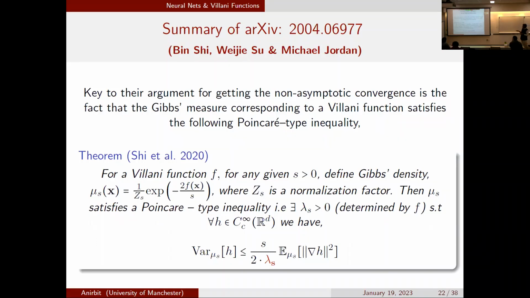So this is the part of the proof where the fourth condition of the Villani condition really gets needed. I don't know how to prove this kind of a Poincaré inequality for the Gibbs measure unless you assume that your loss function is Villani. And the need for the Poincaré type inequality comes when you want to know the rate of convergence of the FPS PDE to the stationary measure.